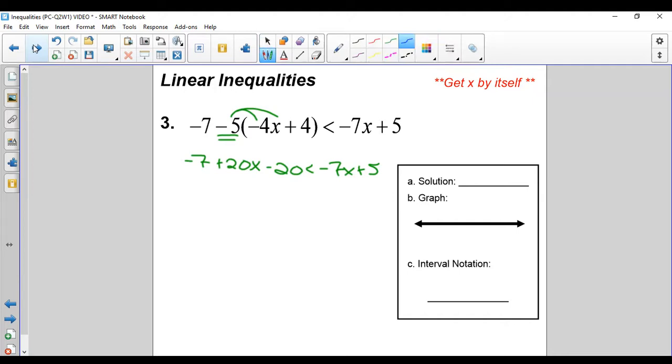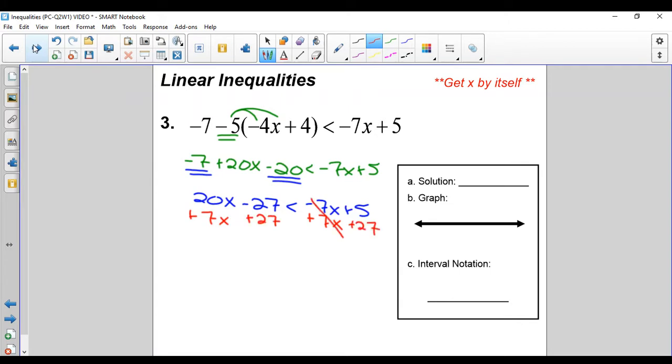I like to clean things up before I cross equal signs, or in this case, inequality symbols. So I have that. Get x on one side. Might as well add that 27 over while we're at it. You get 27x is less than 32.